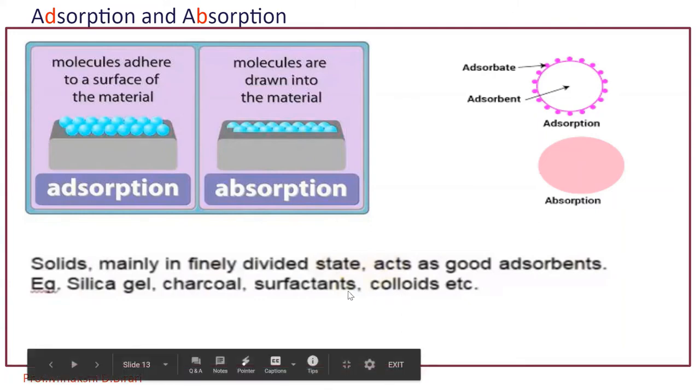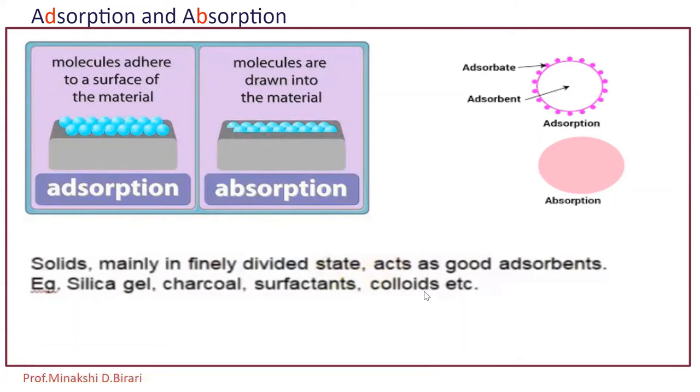So materials having high specific surface area, porosity and capacity or tendency to adsorb another substance are known as adsorption materials, which are also called adsorbents. Different examples we can take: activated charcoal, silica gel, surfactants, colloids, synthetic zeolites, natural zeolites, ion exchange resins, sodium bicarbonate, potassium permanganate, etc.